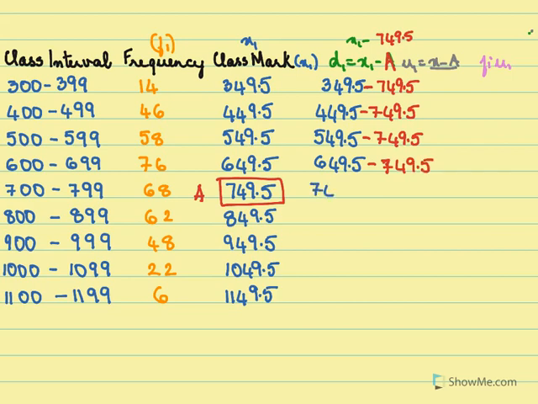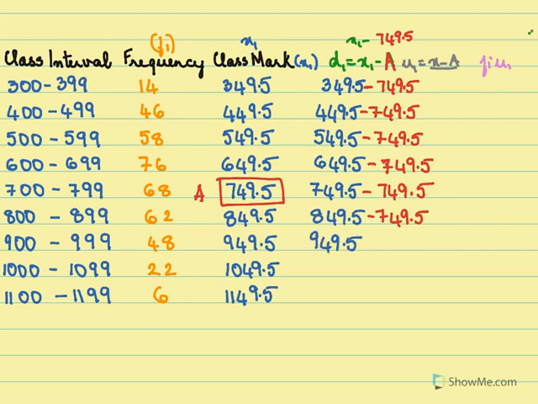Next one, 749.5 minus A, which is 749.5. In the next reading, we have 849.5 minus A, which is 749.5. And in this manner, we keep subtracting.